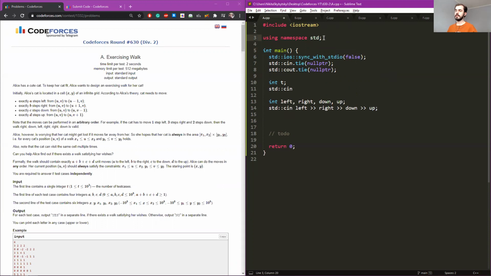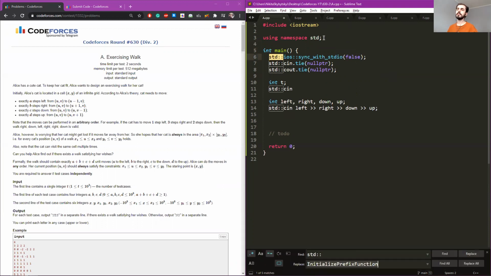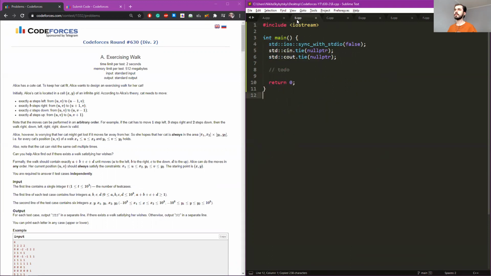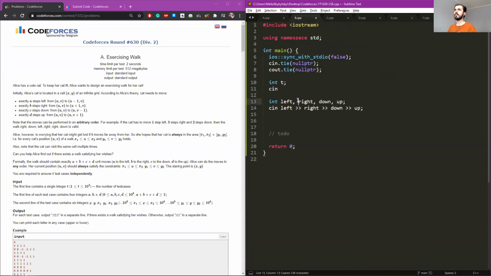We'll just use std. Copy it here. Oh, we have several test cases. We don't want the cat to move far away, right? Okay, so the second line will contain everything we need.